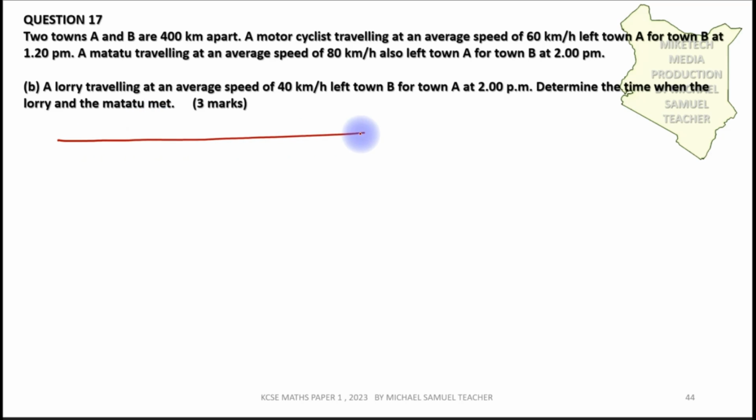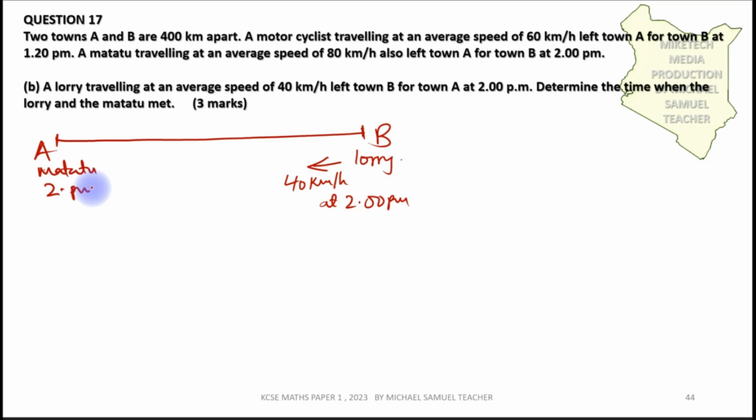So the lorry left town B towards A at 40 km per hour at 2 p.m. And the matatu left town A at 2 p.m. traveling toward B at 80 km/h. So they actually left at the same time.